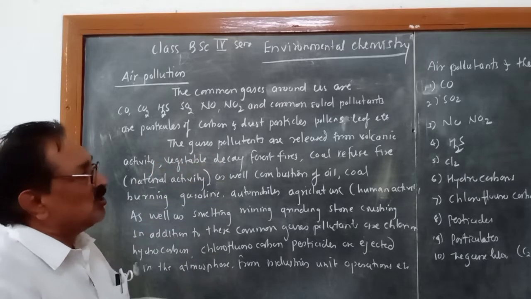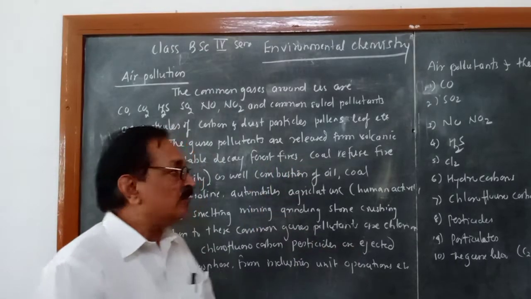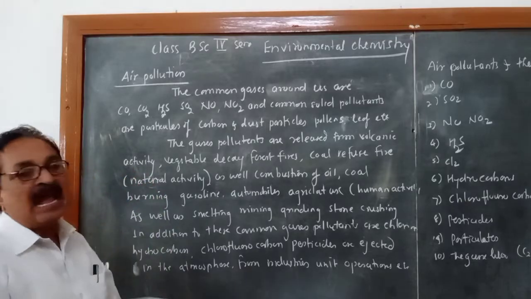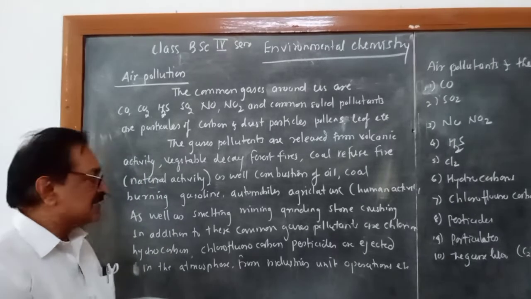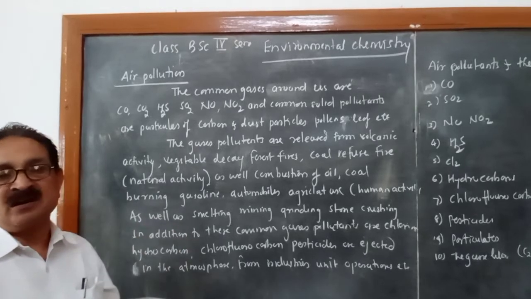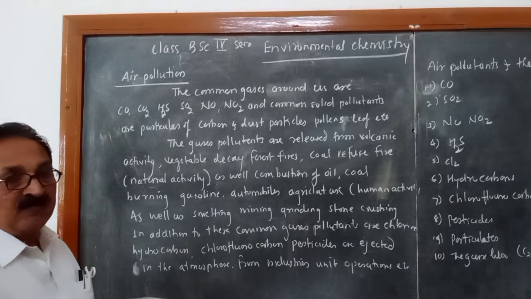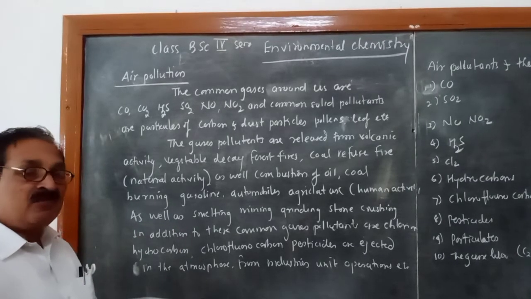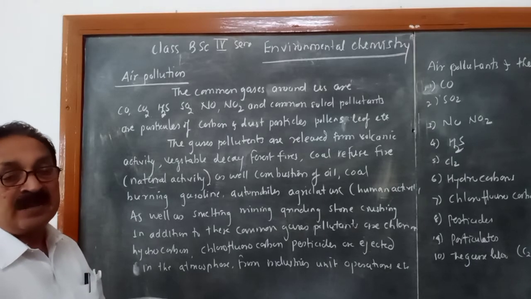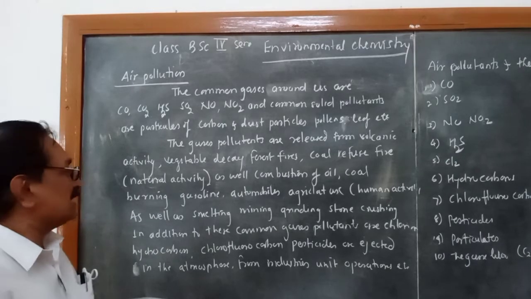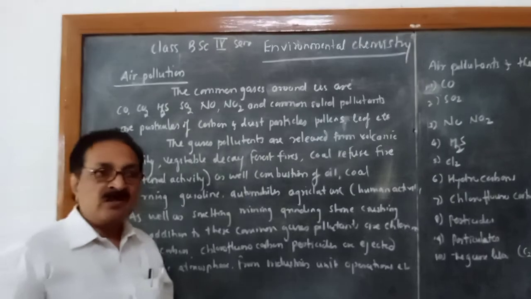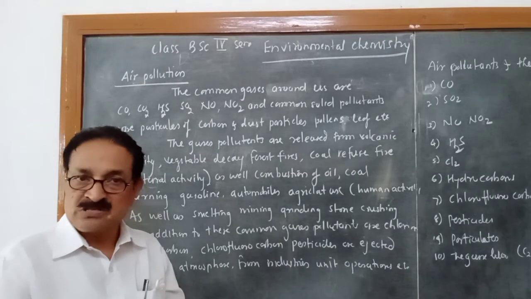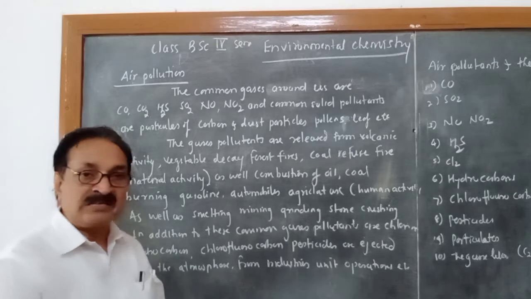The gaseous pollutants are released from the volcanic activities. You know what is meant by volcanic activities? A tremendous amount of heat is liberated from the earth crust. Even it contains so many types of unwanted dangerous gases. Then vegetable decay. We know the vegetable thrown outside undergoes a decay.